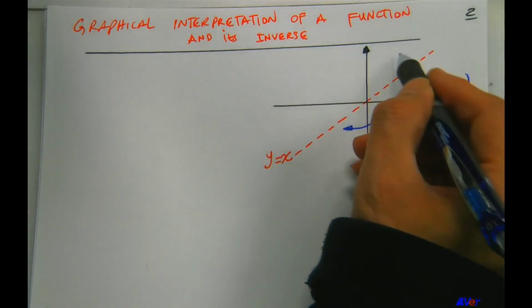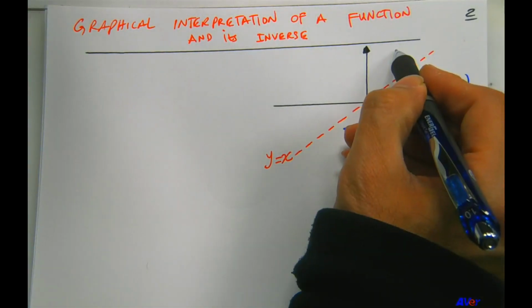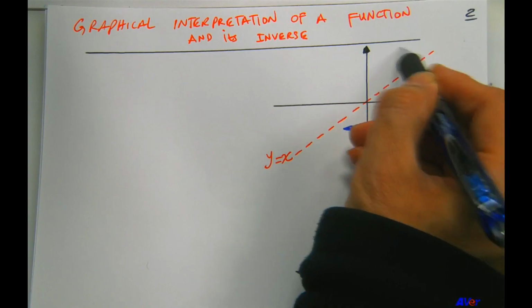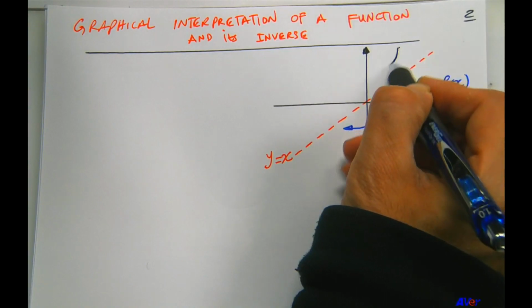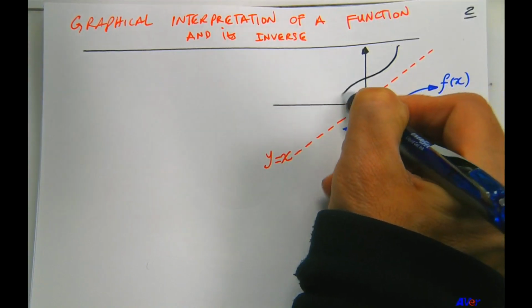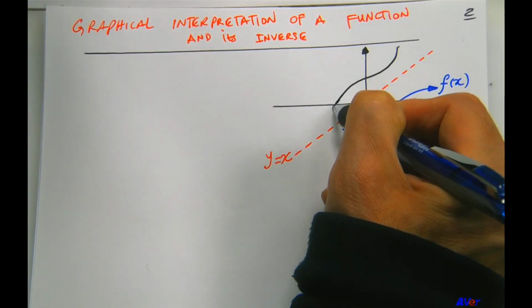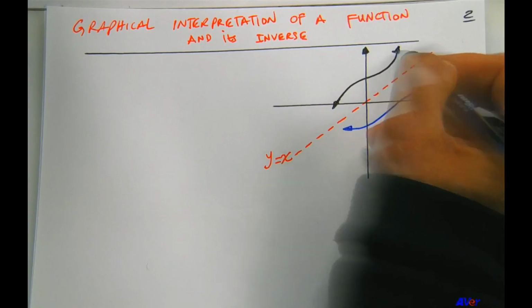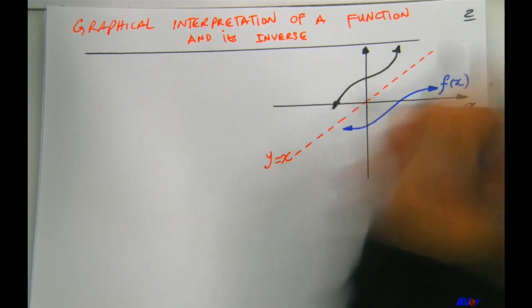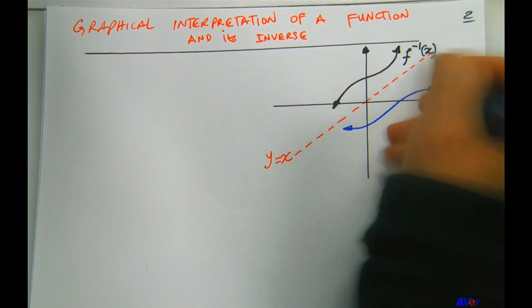If this is like that, it would be something like this. Okay, so if that's f of x, then this would be f inverse of x.